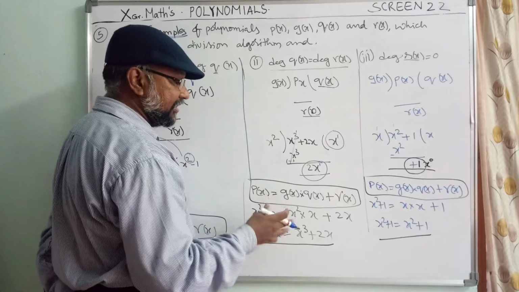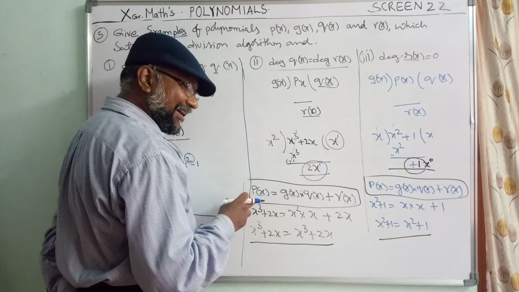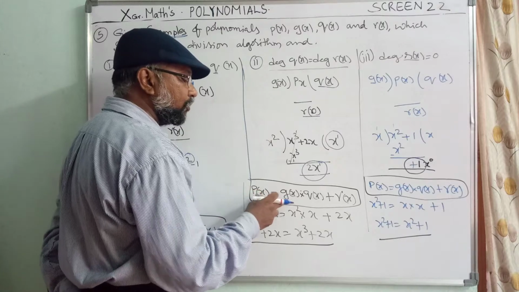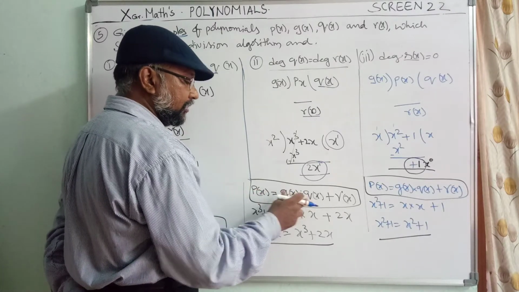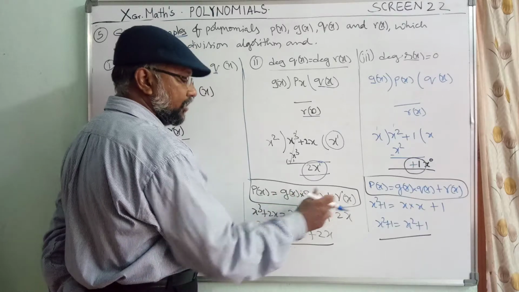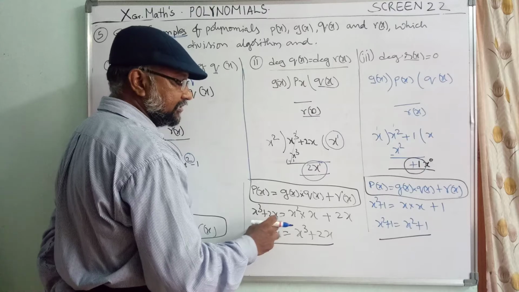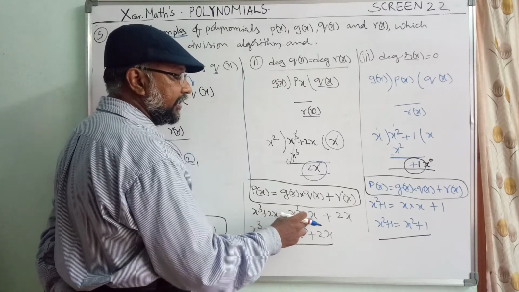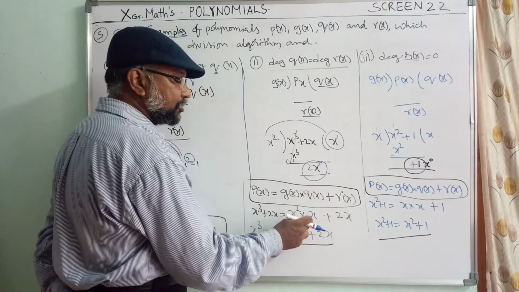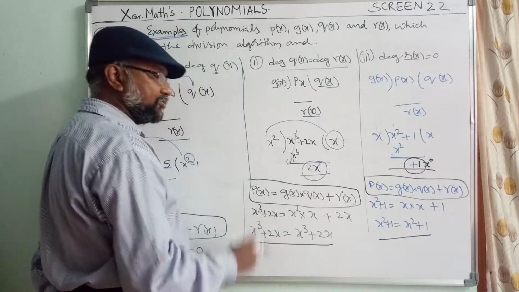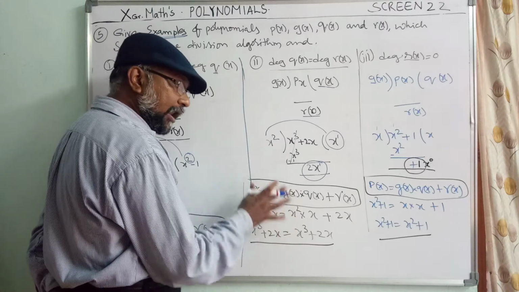Let us check whether according to the division algorithm it is correct or not. P of x is equal to g of x into q of x plus r of x. Now, x cube plus 2x is equal to x square into x plus 2x, x cube plus 2x, x cube plus 2x. Now, this is called the division algorithm.